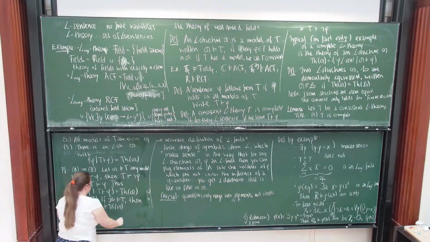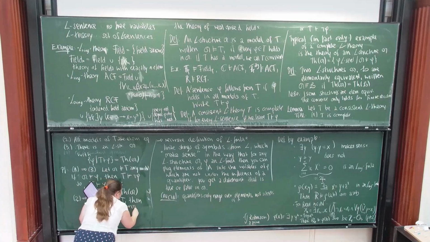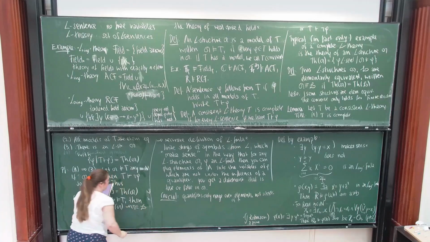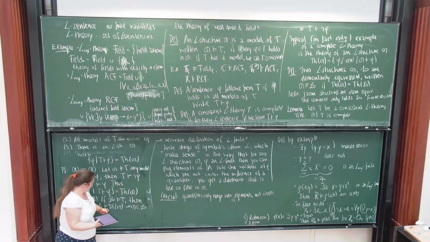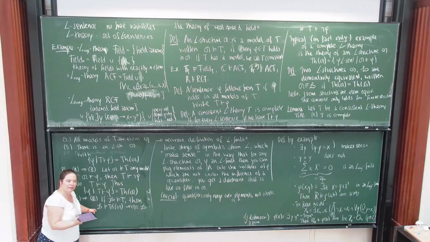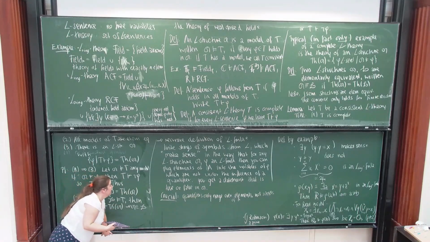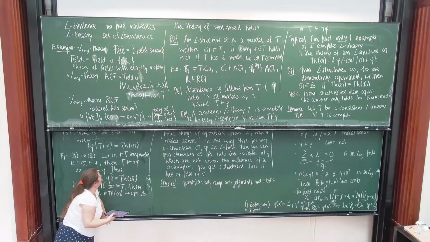But this exactly means A and B are elementarily equivalent, because every sentence which holds in A must also hold in B, but every sentence or its negation holds in A, so it already means A and B are equivalent.